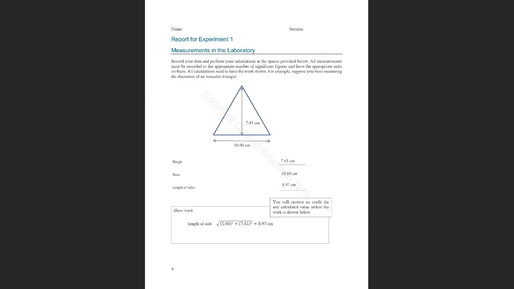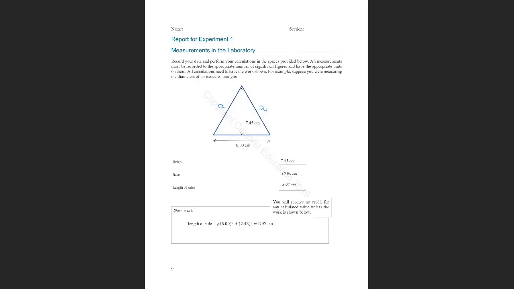They will give you the base of this triangle and the height, and they show you how to do it. They say, calculate. In this case, you won't have to do it, but these are just examples. They want to know the length of the triangle. It says you will receive no credit for any calculated value unless the work is shown here.